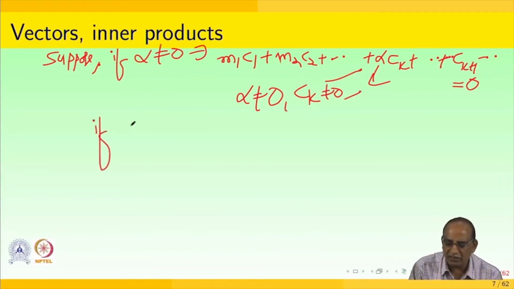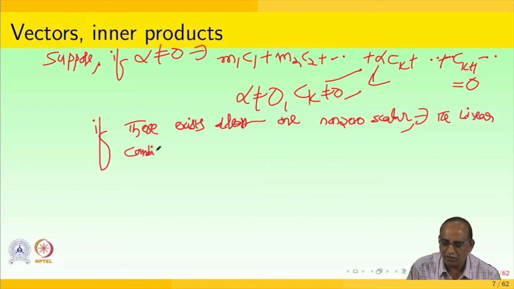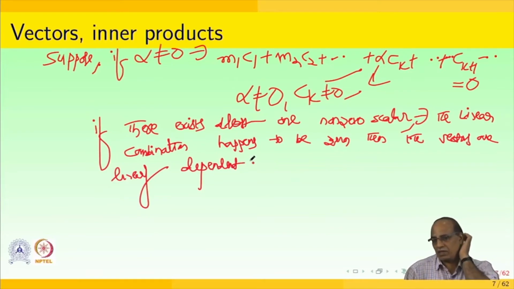So if there exists at least one non-zero scalar, such that the linear combination happens to be 0, then the vectors are linearly dependent.